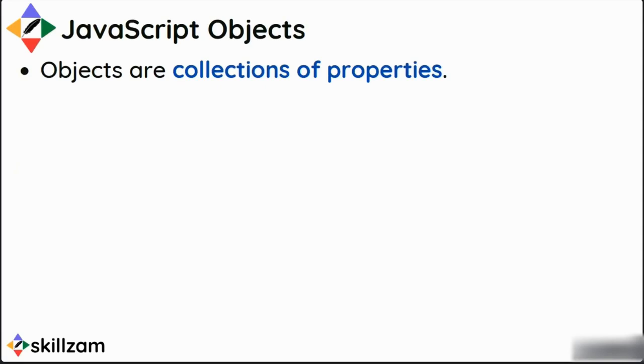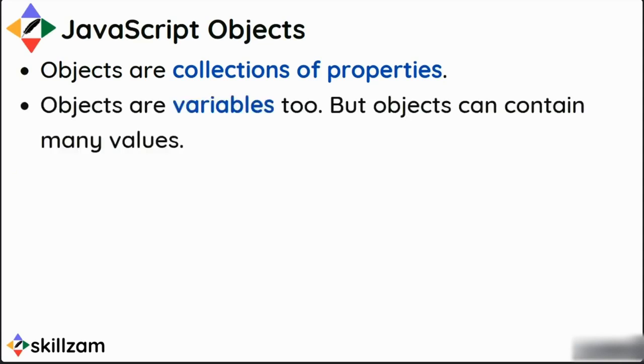And these objects are variables too. They can act as a variable too. But objects can contain many values, like arrays can have many values.